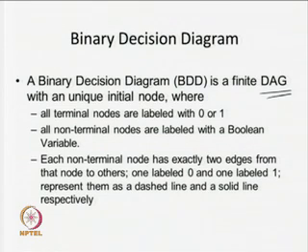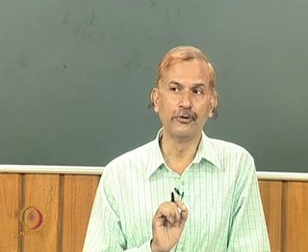In BDT, we have terminal nodes and non-terminal nodes. In BDD also, we will have terminal nodes and non-terminal nodes. Non-terminal nodes are labeled by Boolean variables. Terminal nodes are labeled by Boolean values 1 or 0, and every non-terminal node has two outgoing edges.